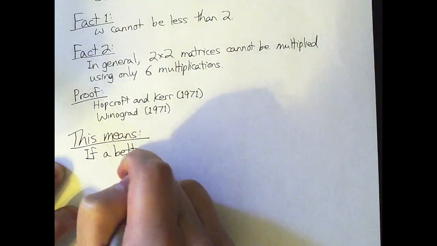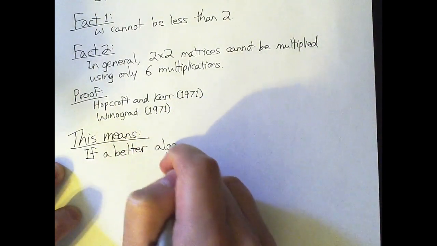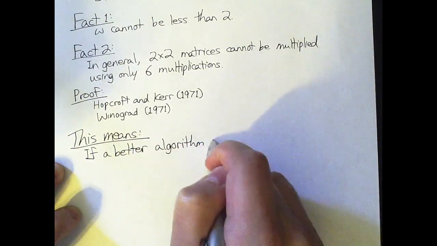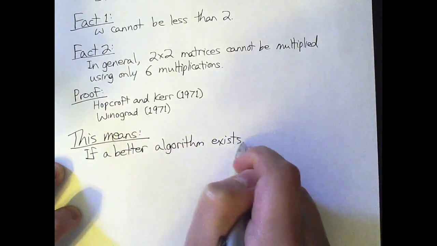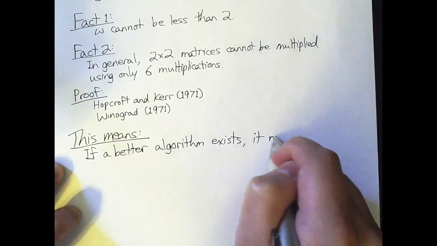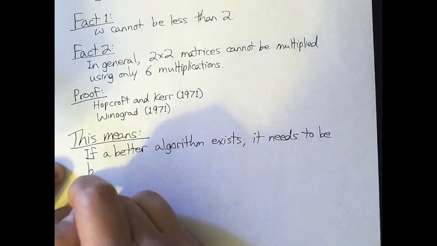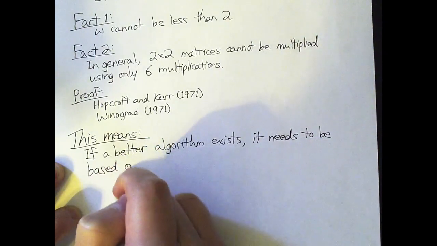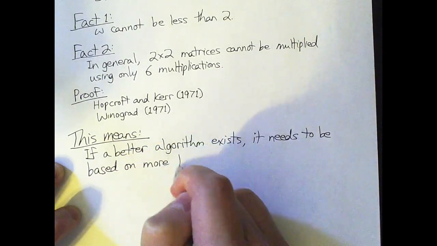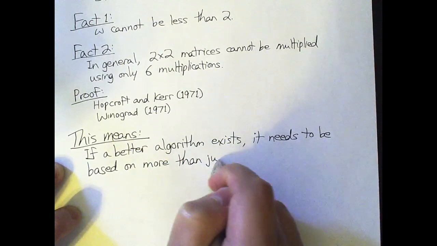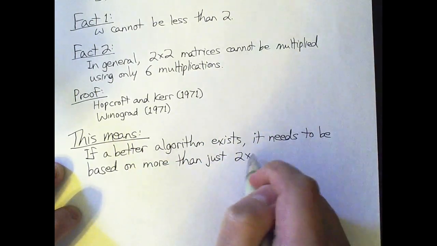if a better algorithm exists, it needs to be based on more than just 2x2s.